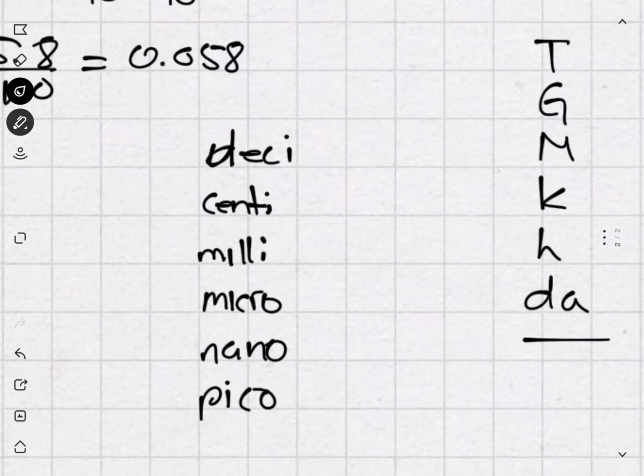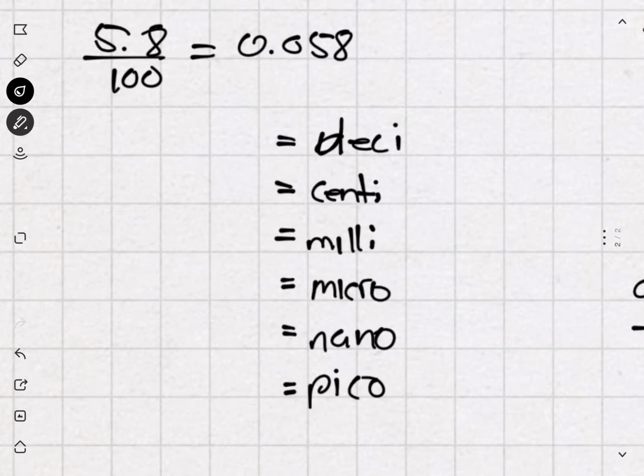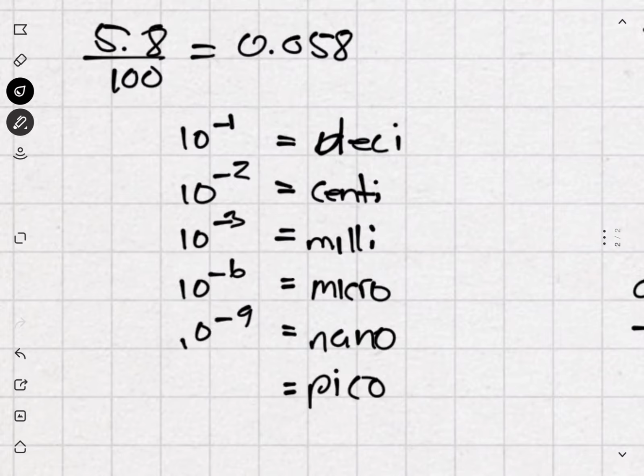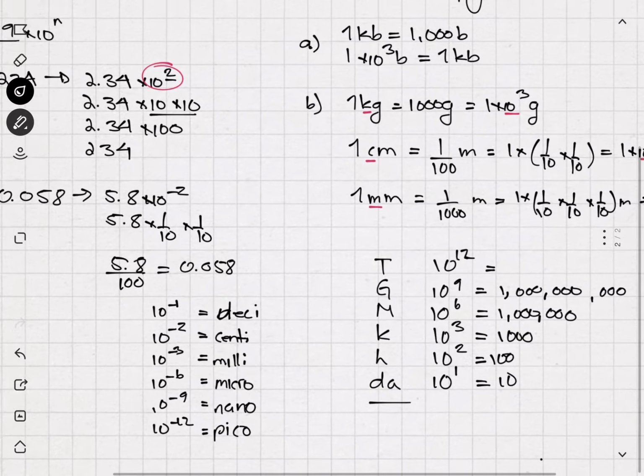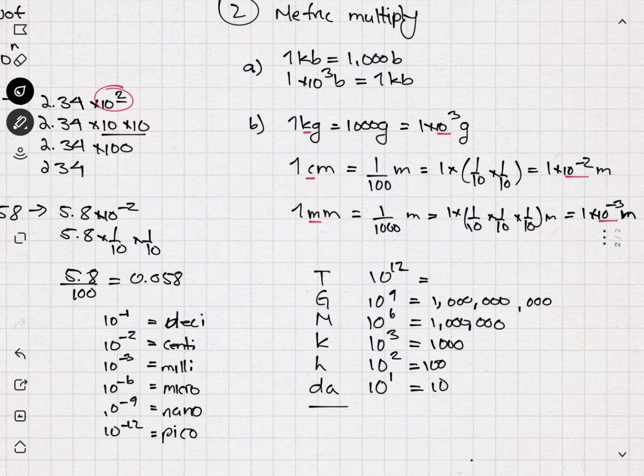There are others, but we won't go into them because they are rarely used. So this means 10 to the power of negative 1, 10 to the power of negative 2, 10 to the power of negative 3, and then 10 to the power of negative 6, 10 to the negative 9, and 10 to the negative 12. So like a centimeter is 10 to the power of negative 2 meters.